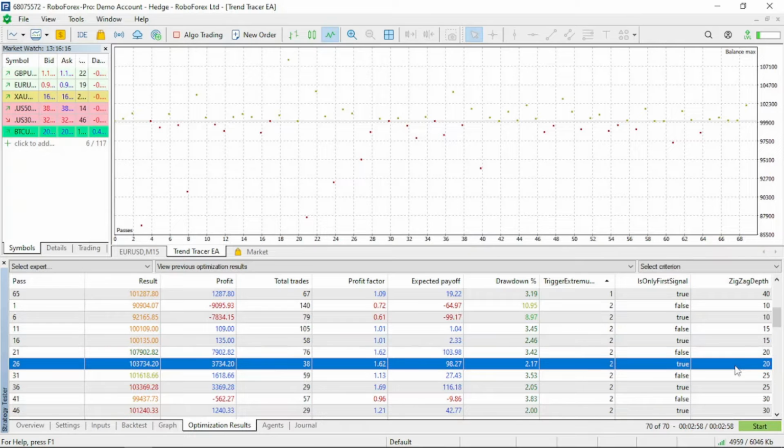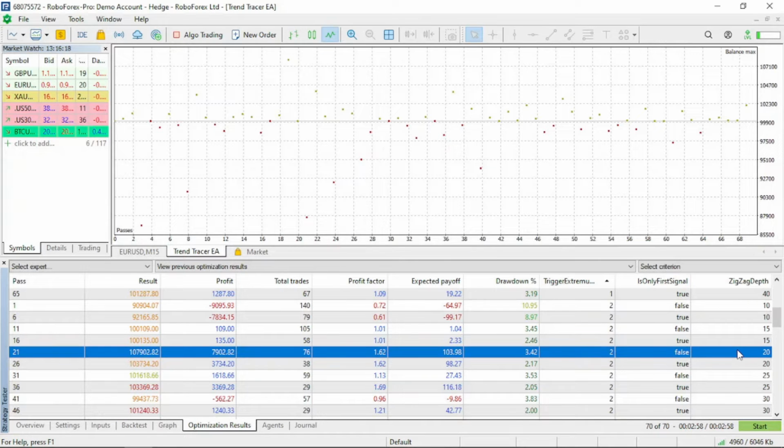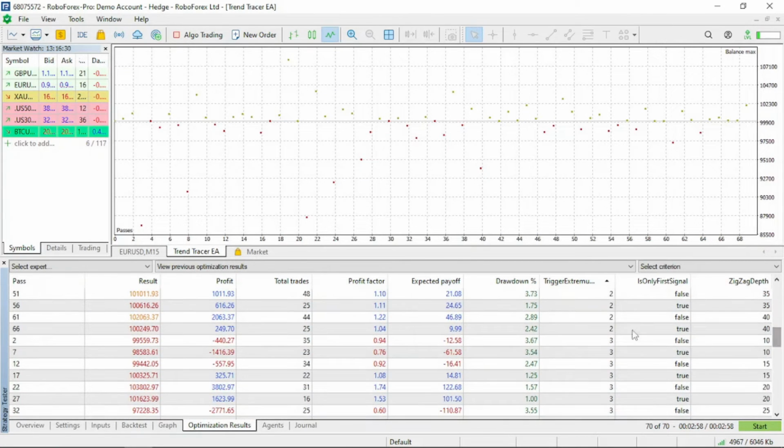Then you have the option of selecting only first signal, false or true. If you select false, it will trade all trends in a series, and if you select true, it will only trade one trend at a time.